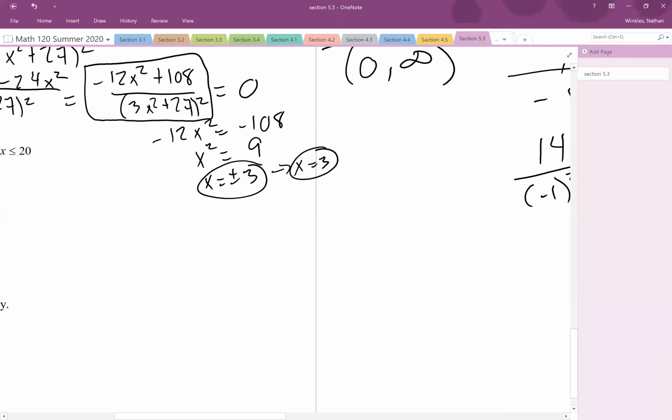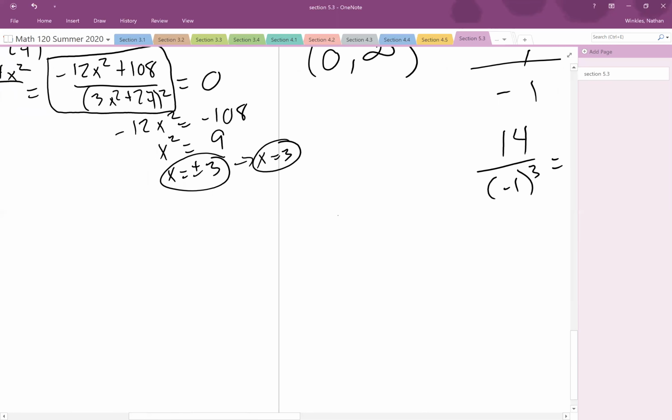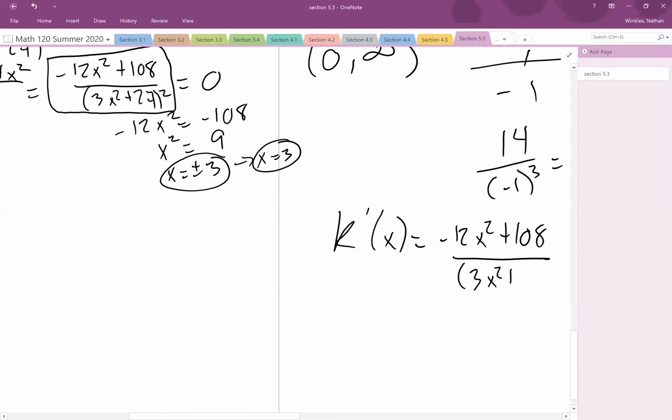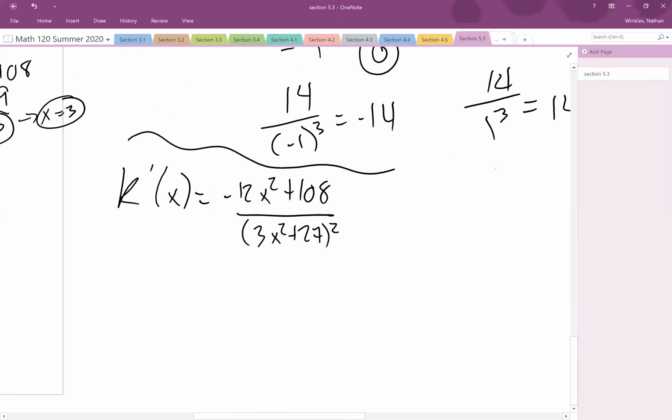If k prime of x is equal to negative 12x squared plus 108 over 3x squared plus 27 all squared, we need the second derivative of k.